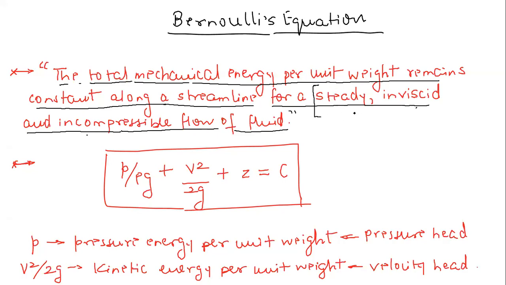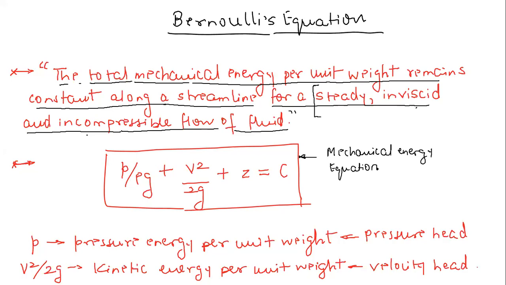Now the Bernoulli's equation is given by P divided by rho g plus V square by 2g plus Z is equal to some constant C. This equation is also called the mechanical energy equation.